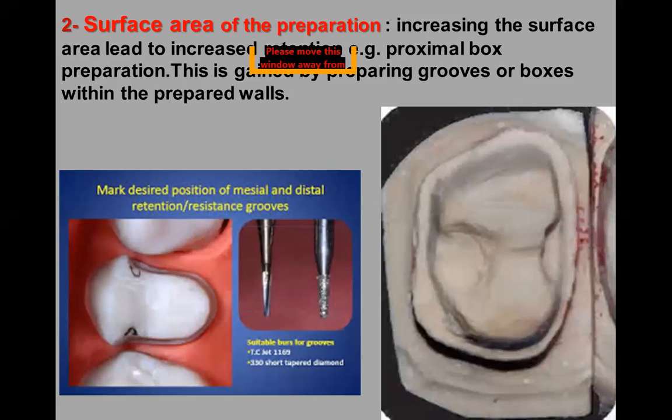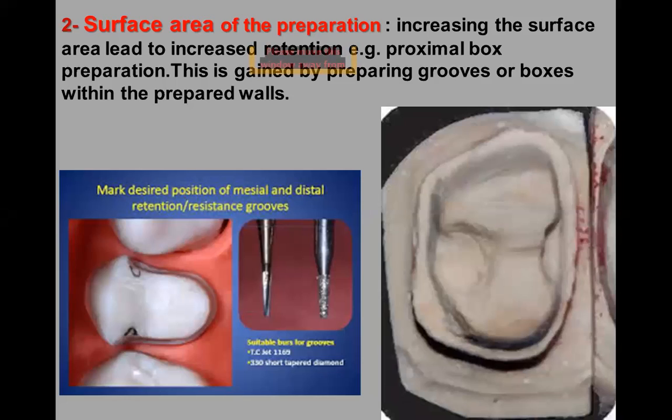So how can we increase the area of our preparation if we have a short crown, or a severely tapered or conical tooth?